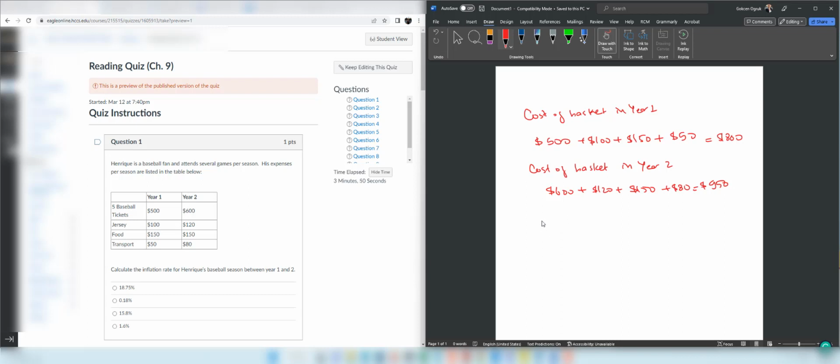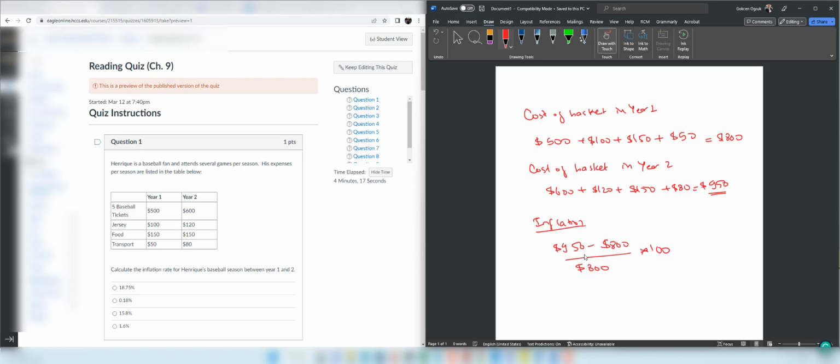So the next step is to find the inflation. Inflation is the percentage change in cost of basket from one year to another. So for inflation, subtract the previous period's cost of basket, which is 800, divide by previous year's cost of basket, times 100 is going to give you the percentage.